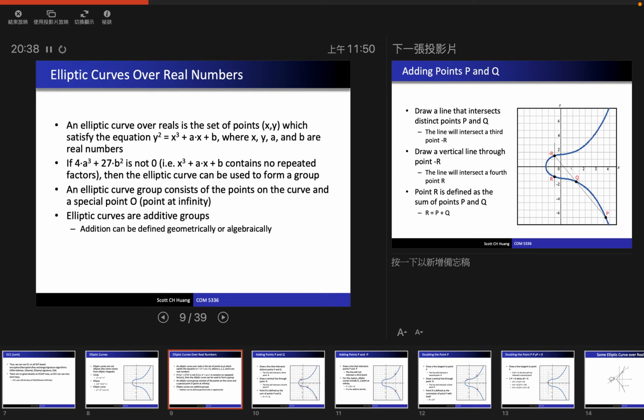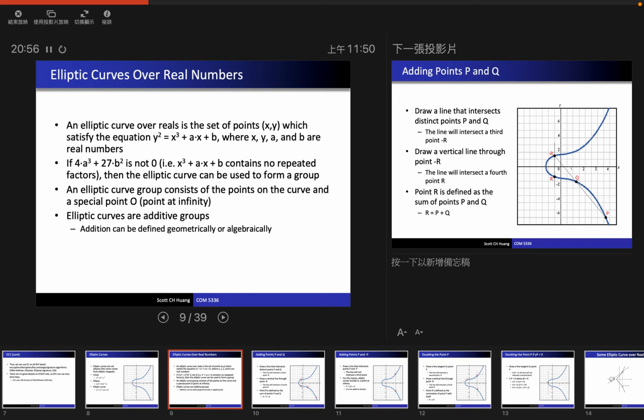This gives you information on whether or not you have solutions. Okay, and how many solutions you have. If it's equal to 0, that means you have 1 solution. If it's less than 0, you have no solution. If it's bigger than 0, you have 2 solutions.